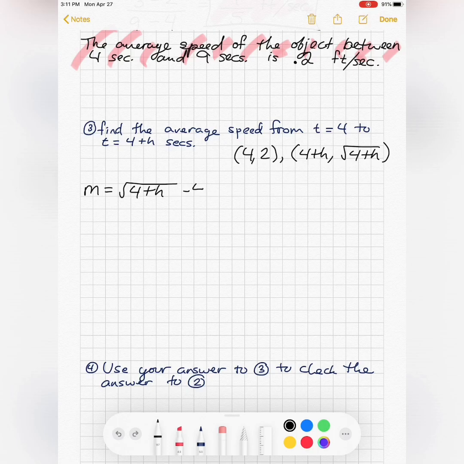Let's double check. So I should be y2 minus y1. That should be a 2. And then x2 minus x1.